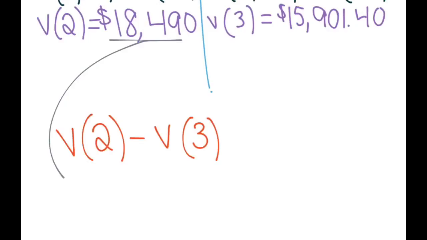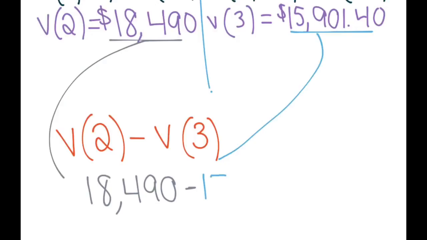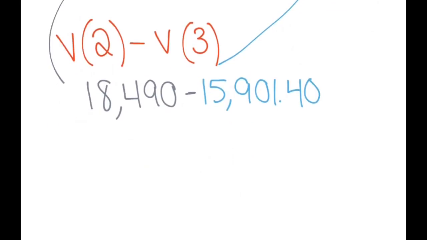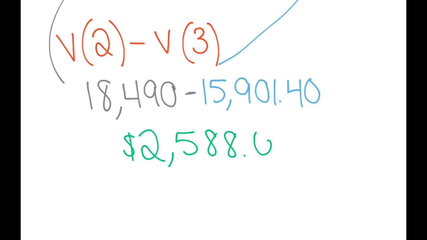So that's 18,490 minus $15,901.40, and you get $2,588.60.